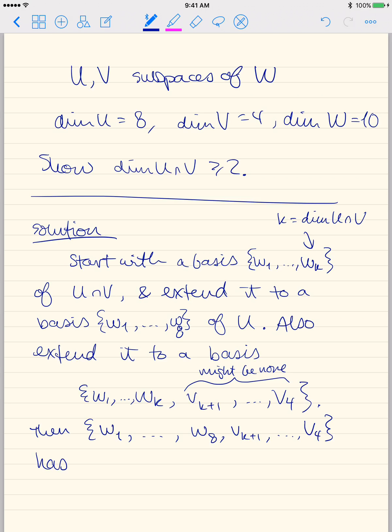So then this list has 12 minus k vectors in it now. Because it has 8 w's, and then there are 4 minus k vectors left, the v's at the end. Right, like if k is 2, then you would just have v3 and v4. If k were 1, you'd have v2, v3, v4. So you just feel it out. There's 4 minus k v's. So altogether, there's 12 minus k vectors.